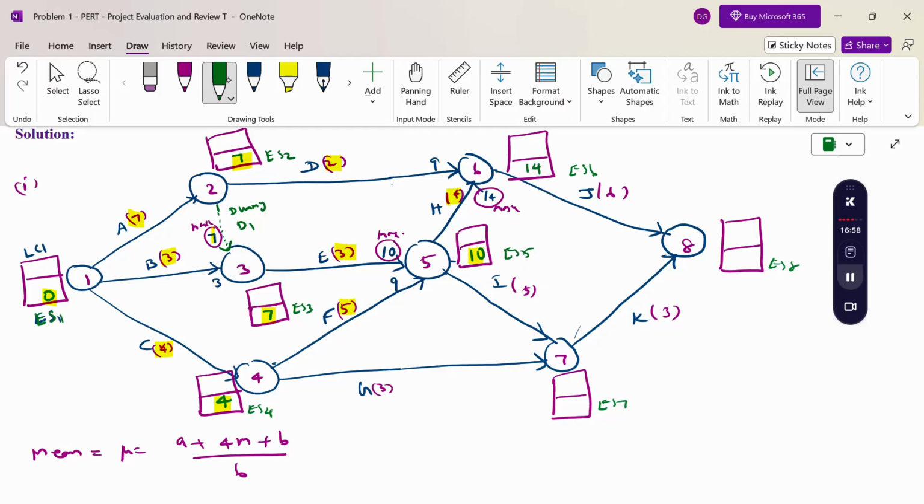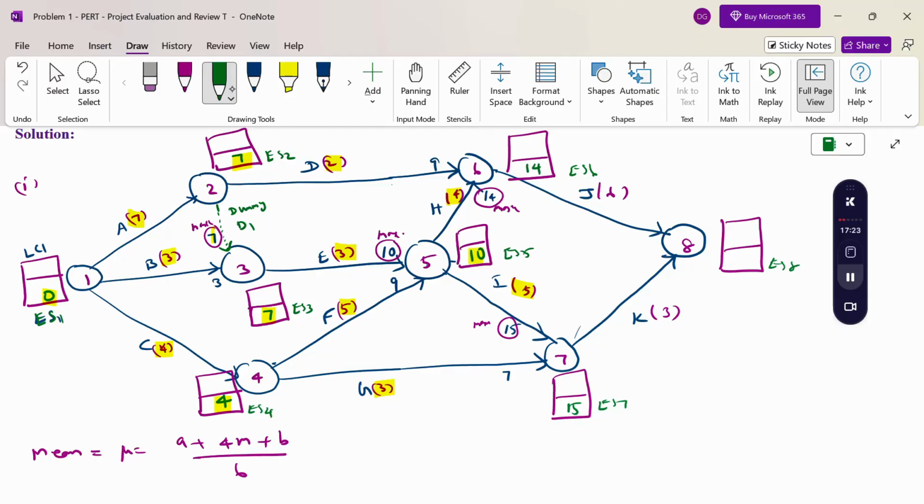So this is the next starting time. And then next here, 10 plus 5 is 15, 4 plus 3 is 7. So this is 7, this is 15, and the maximum is 15, therefore this is 15.